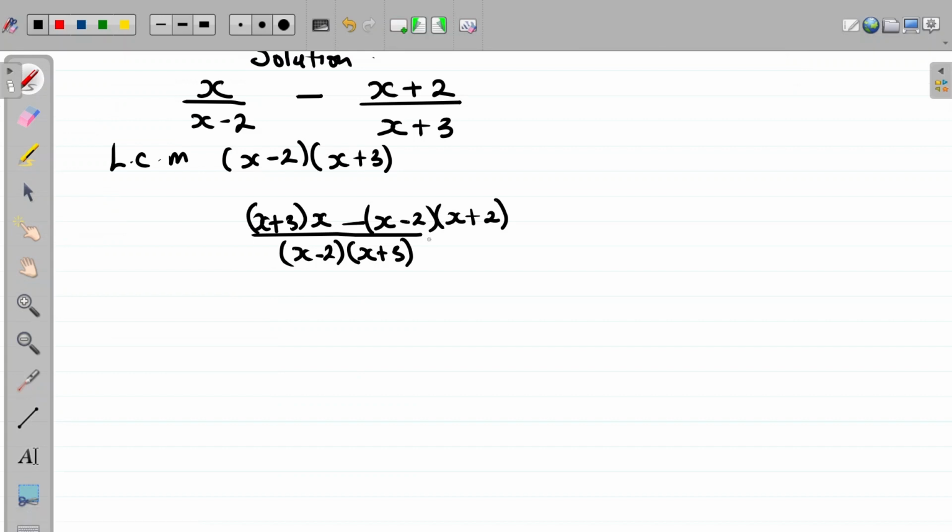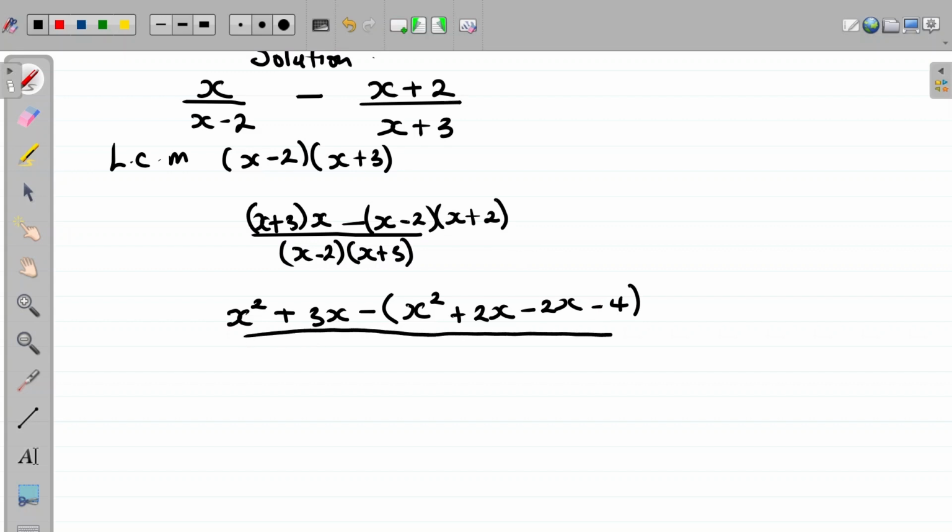Now, let us expand the brackets of the numerator. So we have that x times x is x squared, plus x times 3 is 3x, minus x times x is x squared, x times plus 2 is plus 2x, minus 2 times x is minus 2x, minus 2 times plus 2 is minus 4.